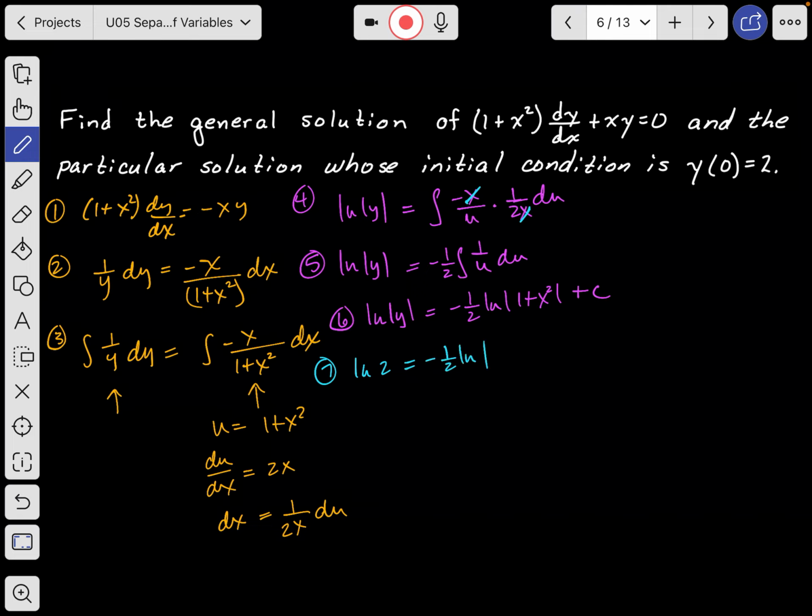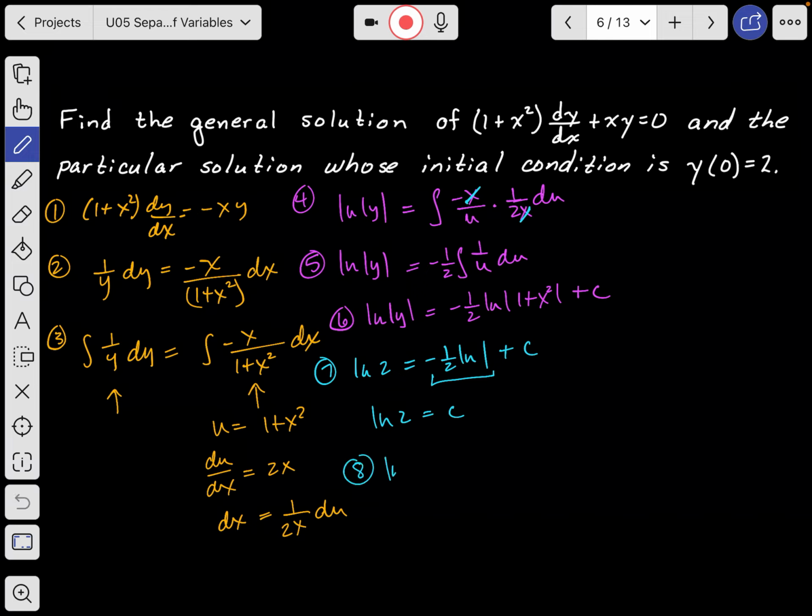The x is 0, so this is just going to be natural log of 1 plus c. And all of this, e to the 0 is 1. 0 times 1/2 is just 0. So this is just natural log 2 is equal to c. So that made that easy. And the next step, I'll go ahead and substitute that in for c.